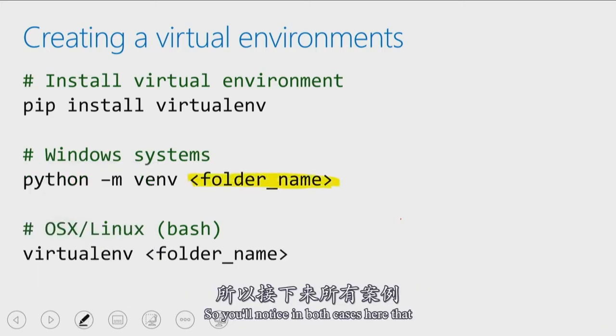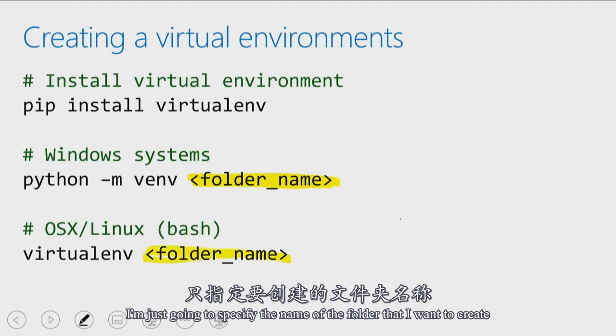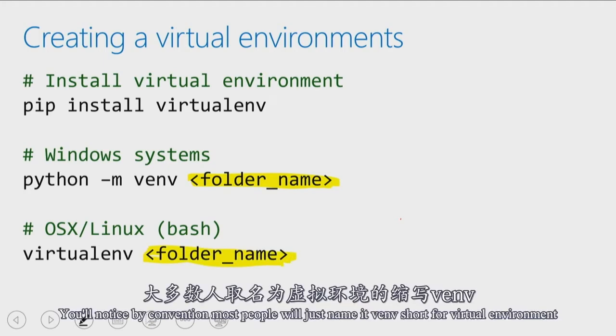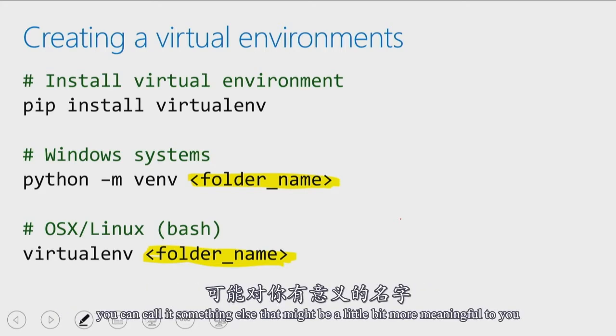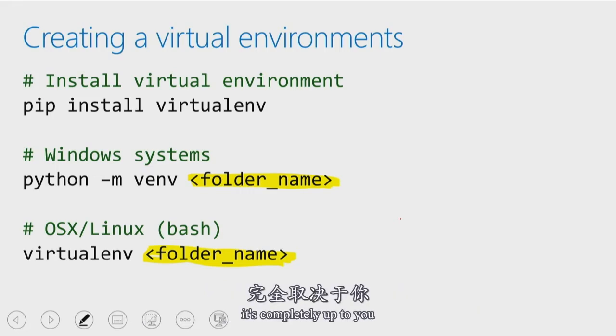You'll notice in both cases here that I'm just going to specify the name of the folder that I want to create. By convention, most people will just name it venv, short for virtual environment. You can name it whatever you want. You can call it Wibble. You can call it something else that might be a little bit more meaningful to you. It's completely up to you.